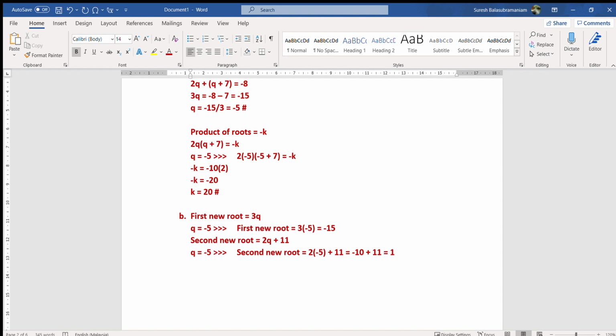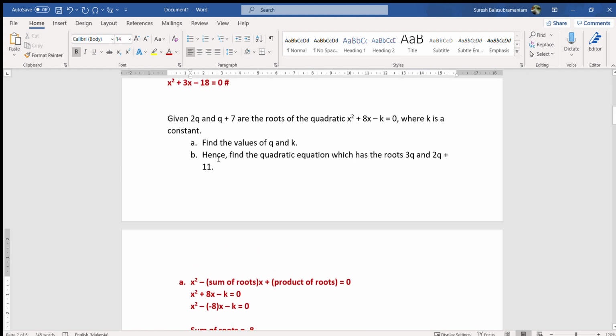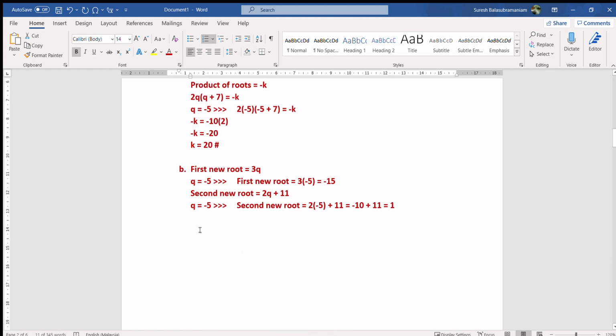Okay, now the question asked me to find the quadratic equation. I'll use this formula: x square minus sum of roots x plus product of roots equals to 0. So what are the roots?